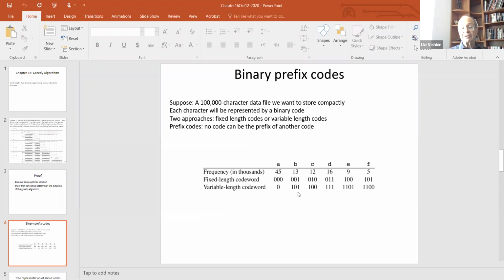Meaning 0 is not a prefix of any of the others. 101 is not a prefix of the others, nor 100, nor 111, and 1101 is not a prefix of these, and so on. So that's the basic idea. And of course, the whole importance here is only if it gives us a better deal on the overall length.